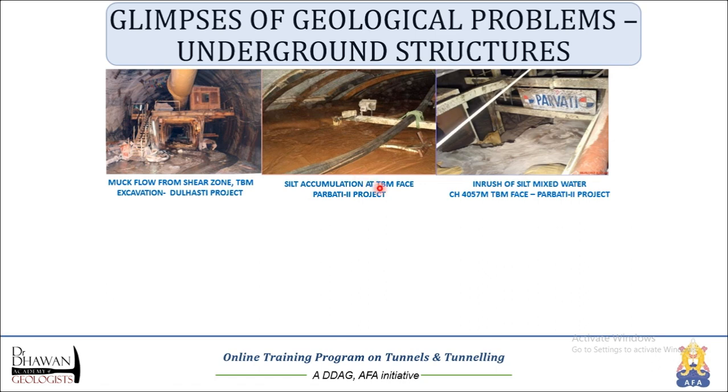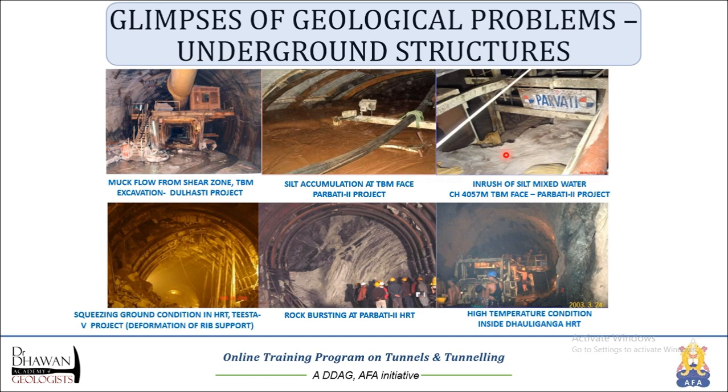The third photo is also from Parvati 2 project where high ingress of silt mixed water was faced. In the second row, we have squeezing ground condition in headrace tunnel of Teesta 5 project, and the second photo of the second row is rock bursting at Parvati 2 project. The last photo is from Dhauliganga headrace tunnel where high temperature conditions were faced.